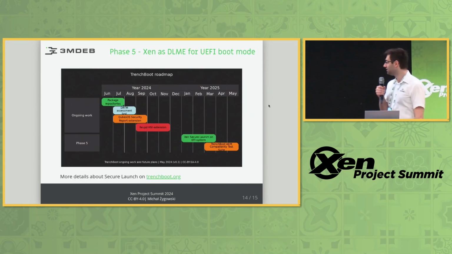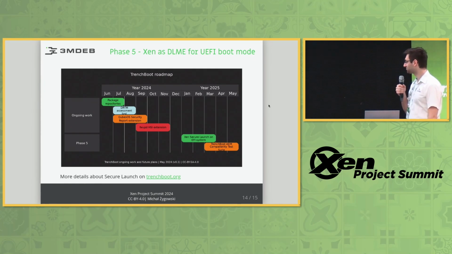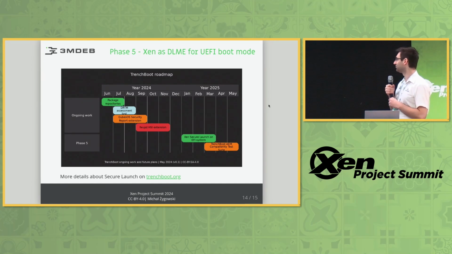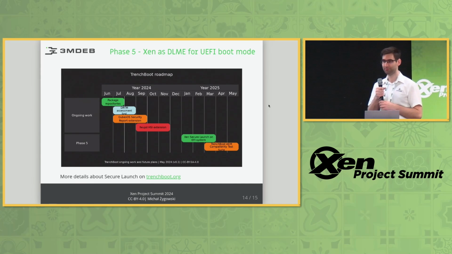And last but not least, the UEFI boot mode support for TrenchBoot, which is going to be a challenge. We estimate the start of the work at the end of this year or the beginning of 2025. What we plan to do is repurpose the legacy multiboot 2 entry for the secure launch, so basically get rid of UEFI completely for the DRTM boot path.